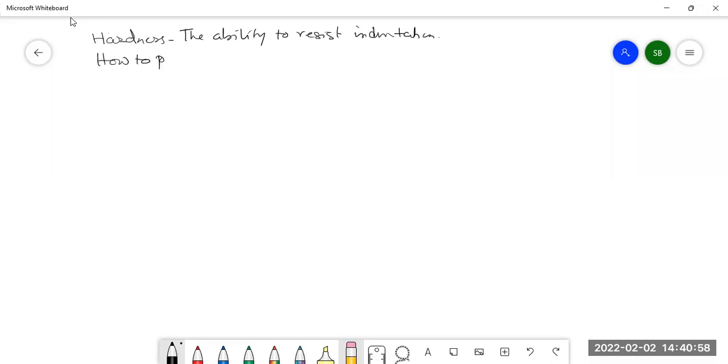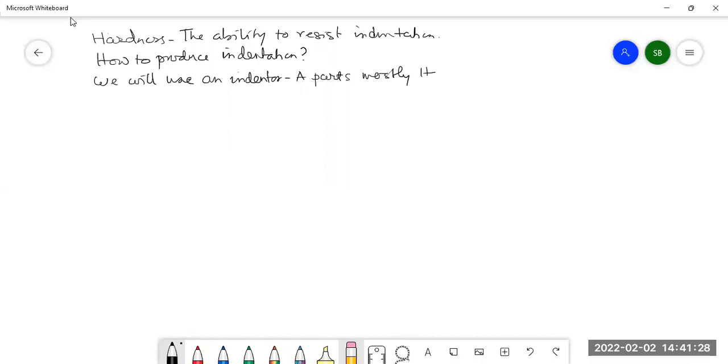We use an indenter, a substance or part made mostly of a hardened steel ball, or a prismatic type diamond indenter.